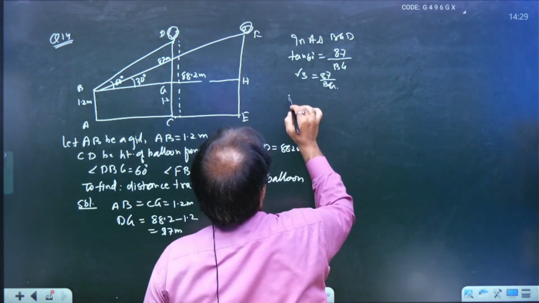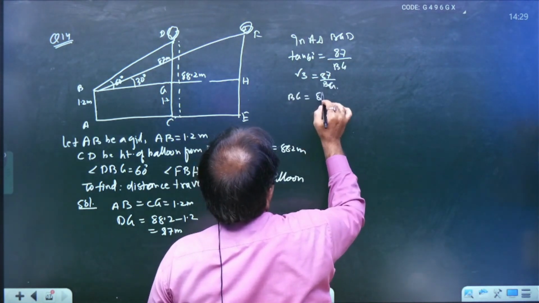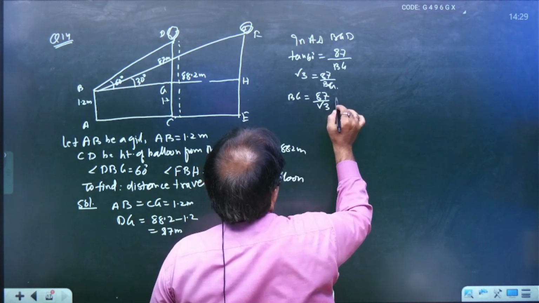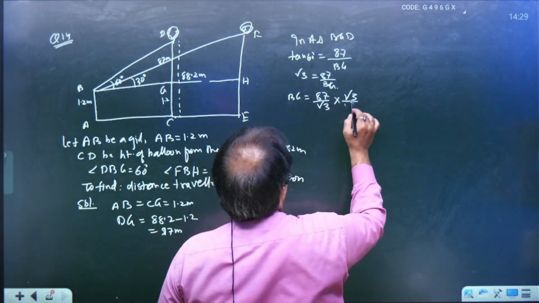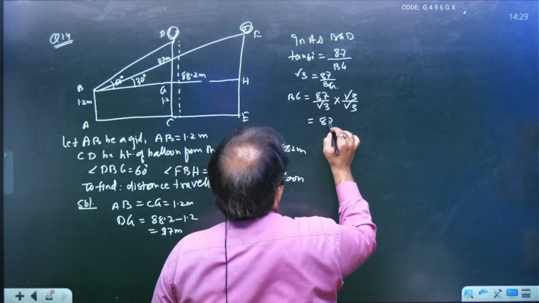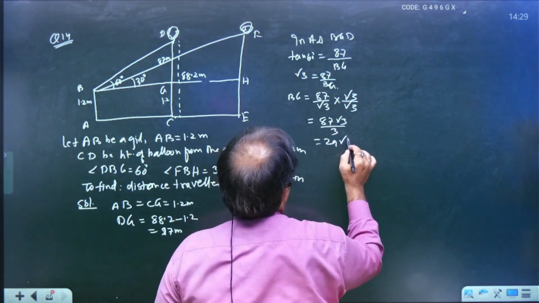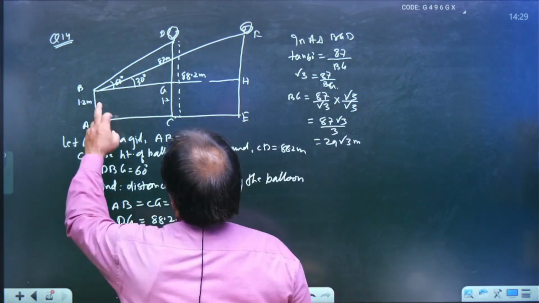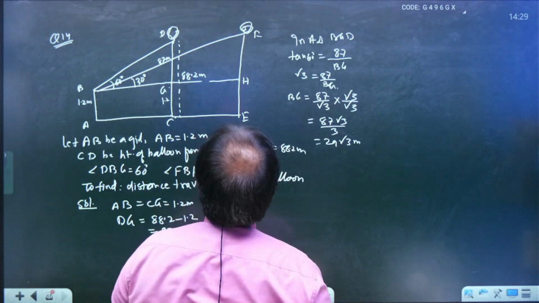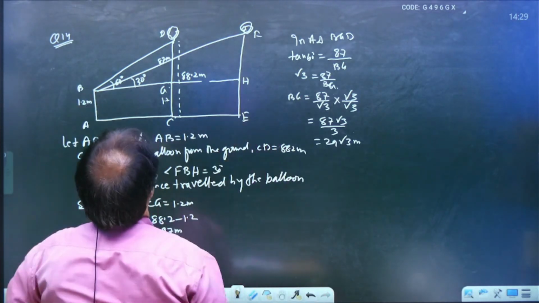So by cross multiplication BG is equal to 87 by root 3, and now make it rational. So 87 root 3 by 3, that is 29 root 3 meter. So this BG we have calculated.